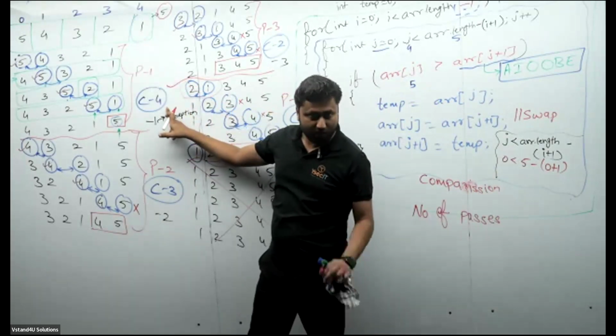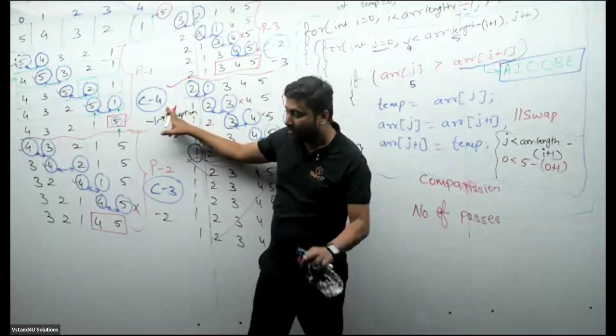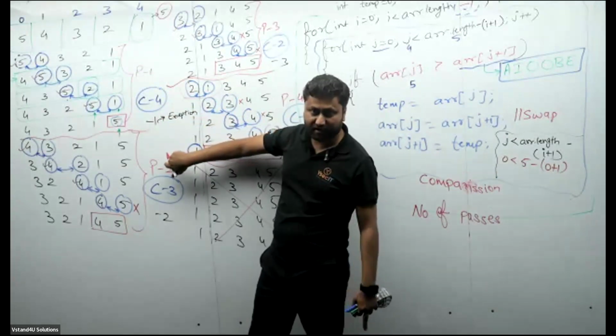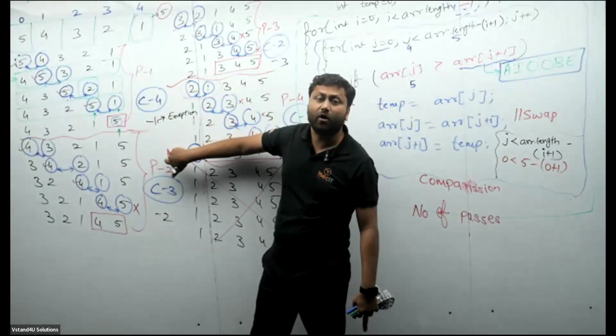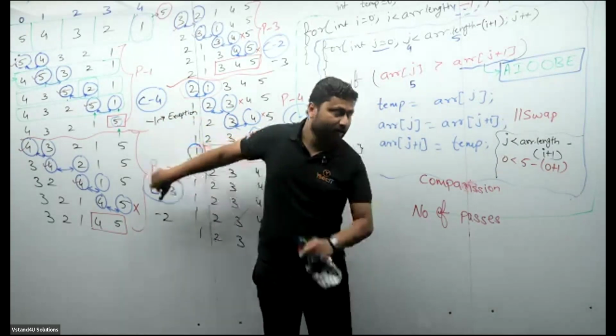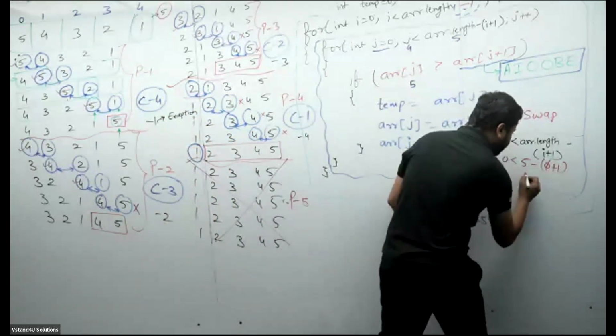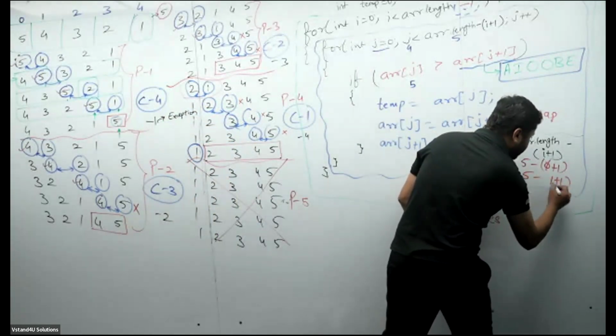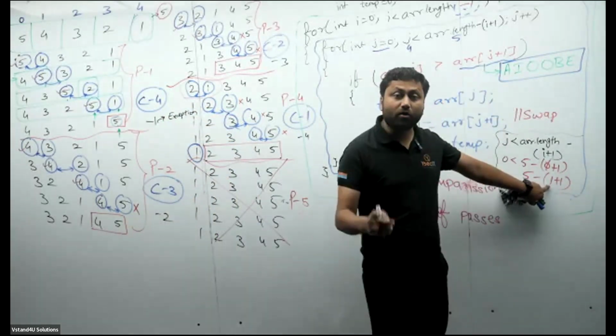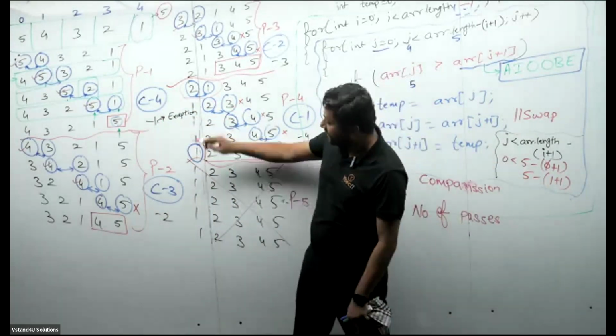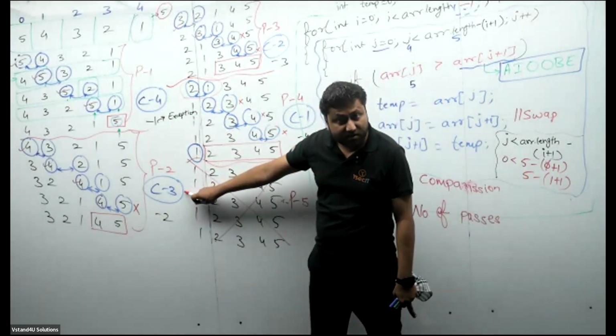Count is agreed. When we are coming to this position, what did i value become? In this case, i was 0, became 0. Rather than that, 5 minus 1 plus 1, that is 5 minus 2. Total, how many comparisons? Able to understand?